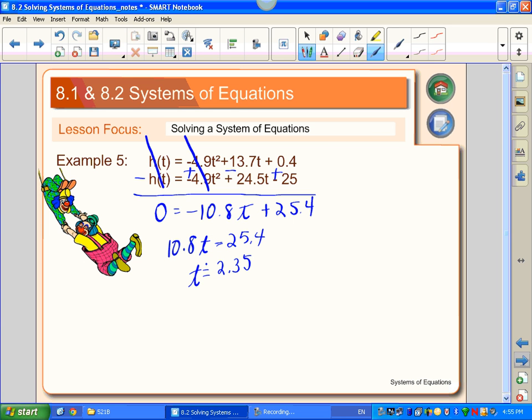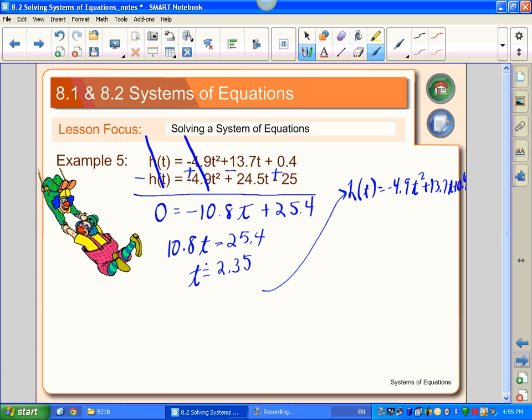What does that mean? Do I need to know now the h of t? Well, we can find out h of t. You put t into one of the equations, and that's going to give us that value. So we can do that. Let's do the top one. H of t is equal to negative 4.9 t squared plus 13.7 t plus 0.4.